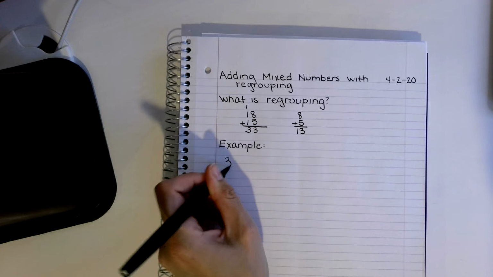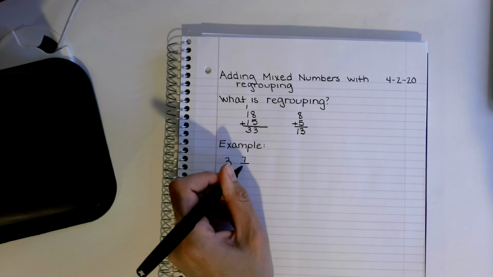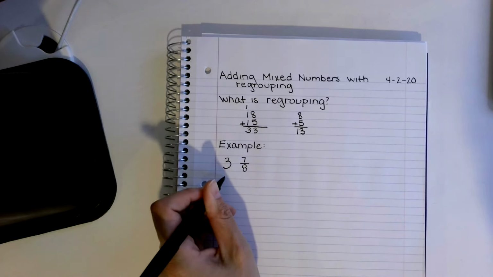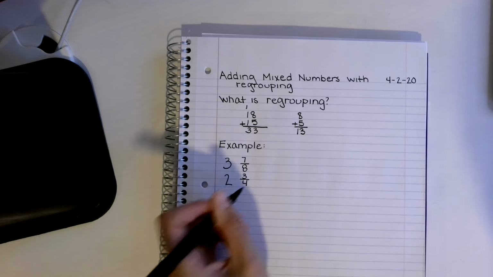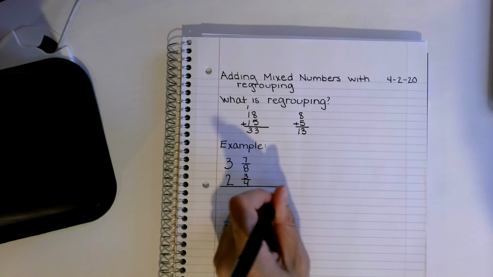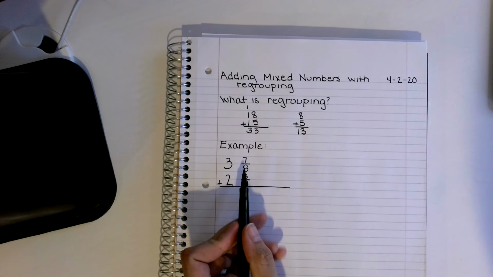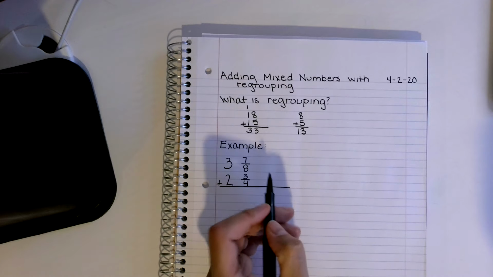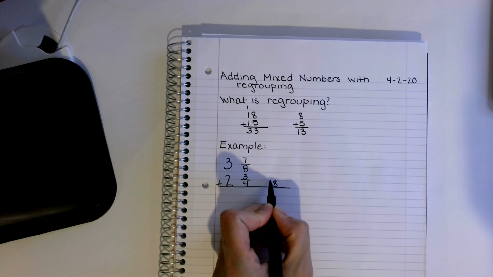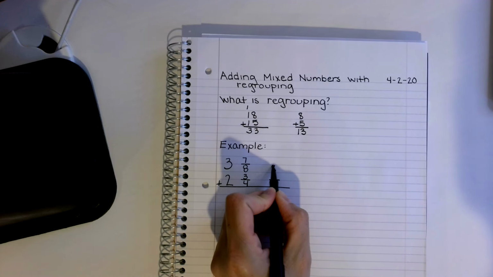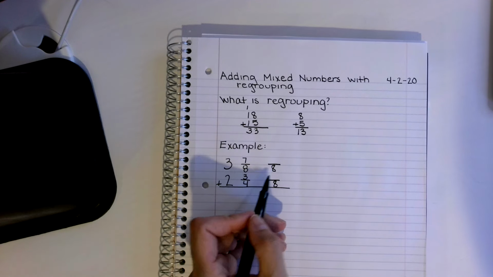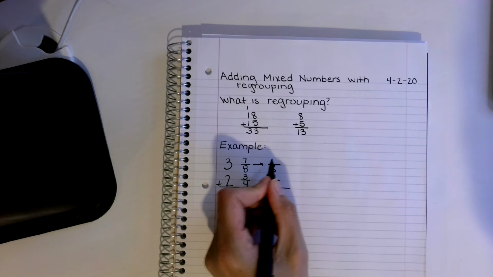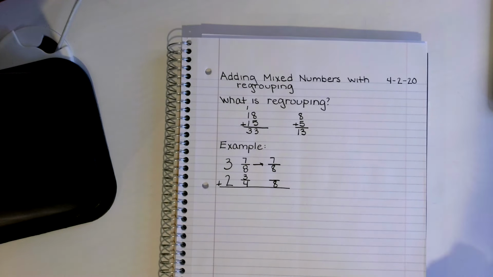So if I have 3 and 7/8 plus 2 and 3/4, our common denominator for 8 and 4 is going to be 8. So you're just going to rewrite it. It's going to be 7/8 over here, because you don't need to do anything with it.